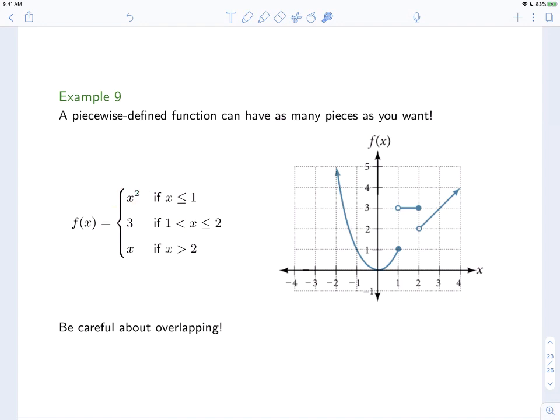If x is between 1 and 2, then that means you use the second rule. So if x is between 1 and 2, the output is always 3. If x is bigger than 2, then you use the bottom rule, and you just get x back. So f at 4 is just going to give you 4.